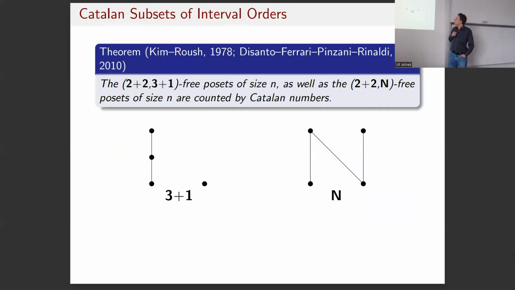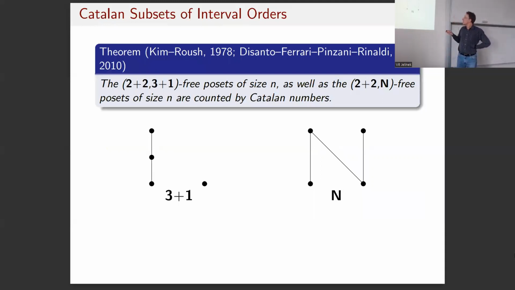And what I want to do is now to translate this symmetry property into the language of Fishburn matrices, which is possible because in this large class of interval orders, there are at least 2 notable subclasses which are enumerated by Catalan numbers.